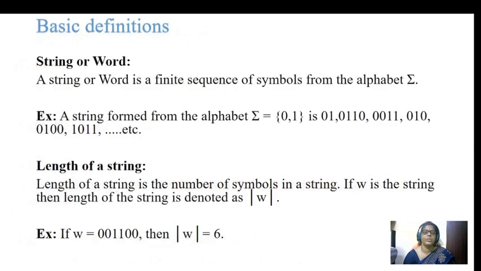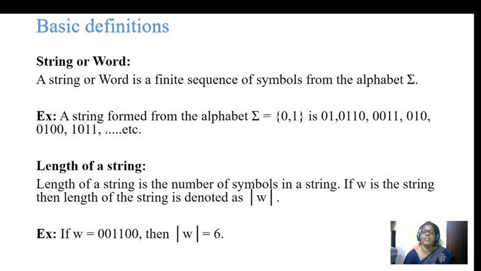Okay, so the next definition: string or word. String and word are both the same. Hereafter, when I say string or word, both are the same thing. A string or word is a finite sequence of symbols from the alphabet sigma. The alphabet sigma is a set of symbols, right?